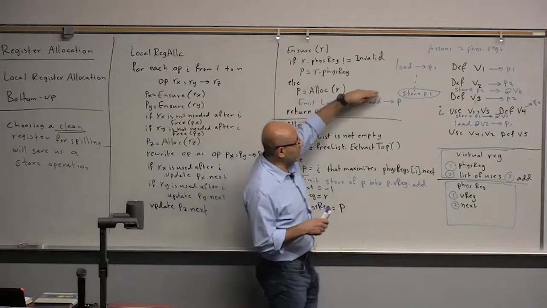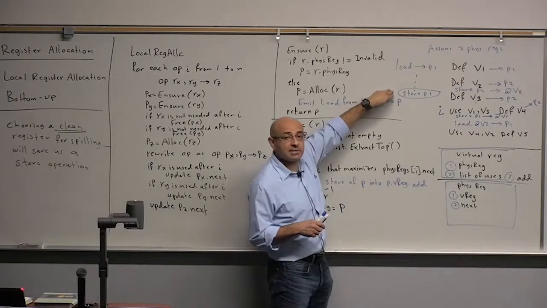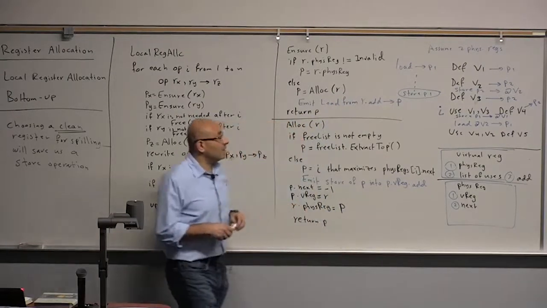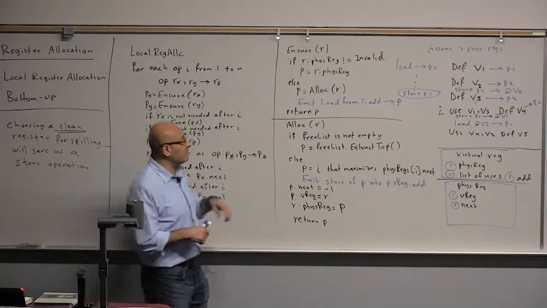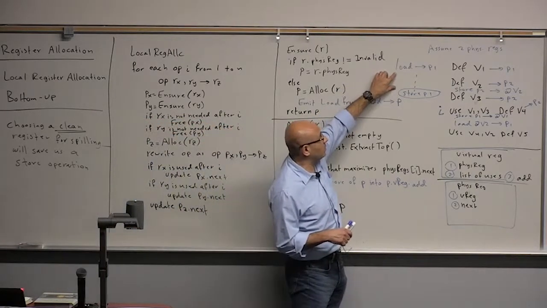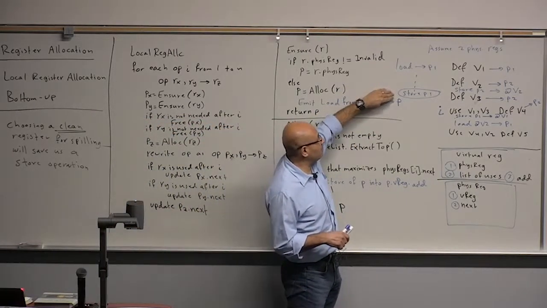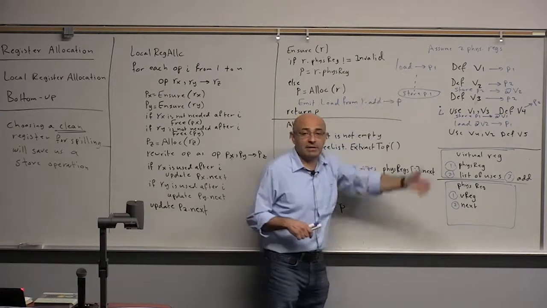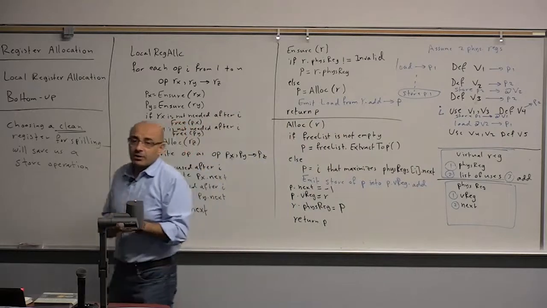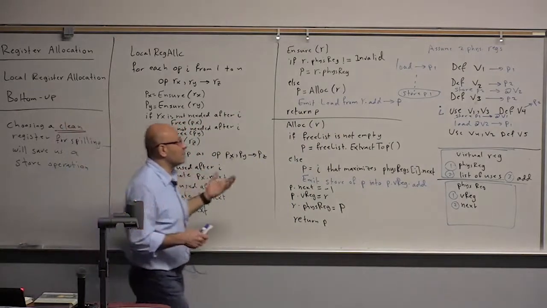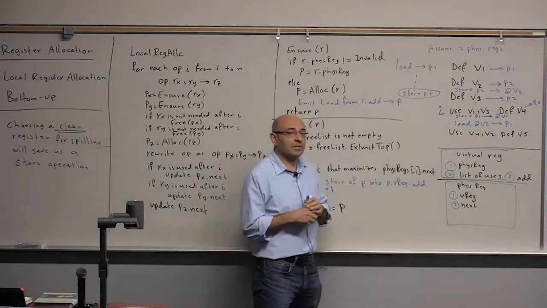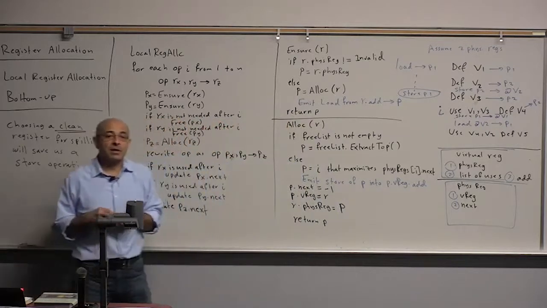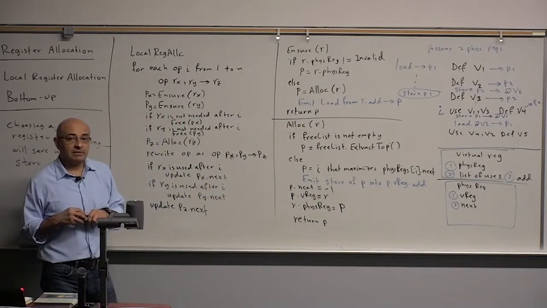Some of the stores that get added, if they get added immediately after the load, or before we ever use it, are useless stores and can get eliminated later. So this is something that our algorithm added.